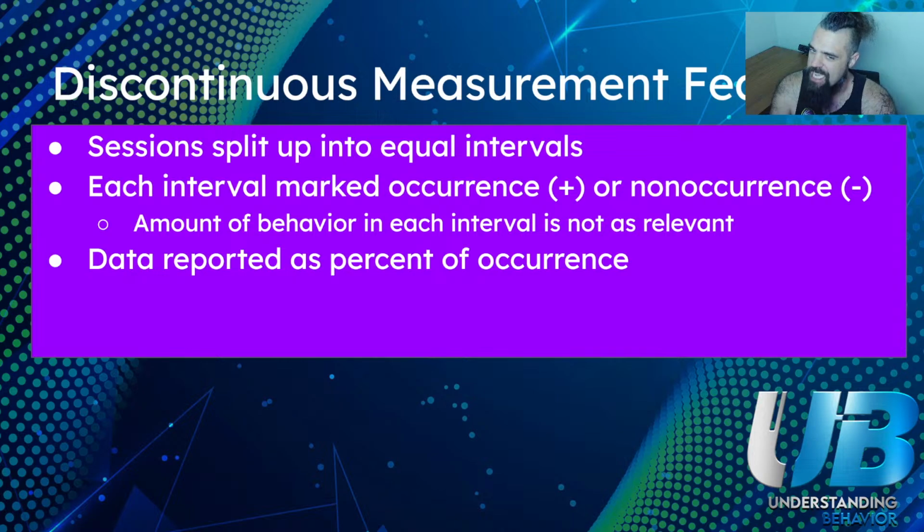The question again is, what do we divide to get the % of occurrence for any discontinuous measurement? So we need to take something divided by something for your answer. All right, yeah, I like where Crystal's going. Anybody else want to give that a shot?